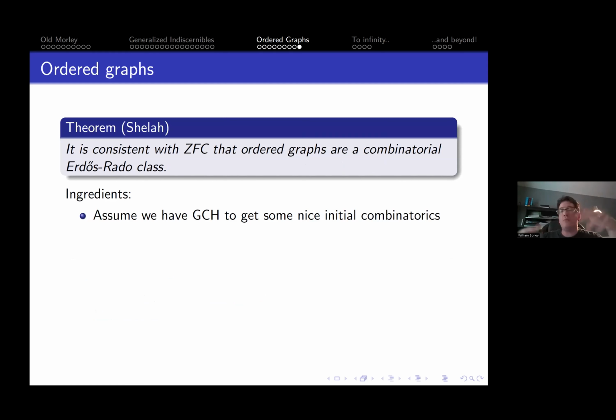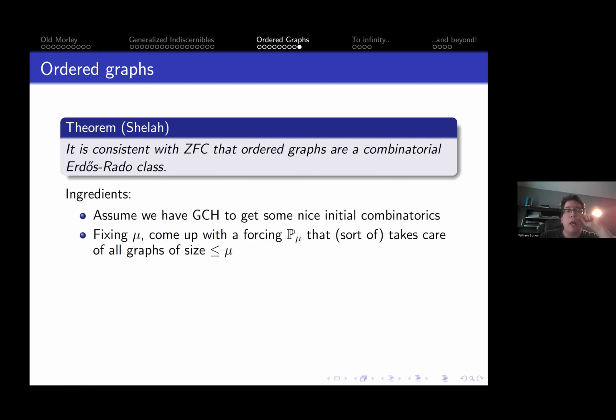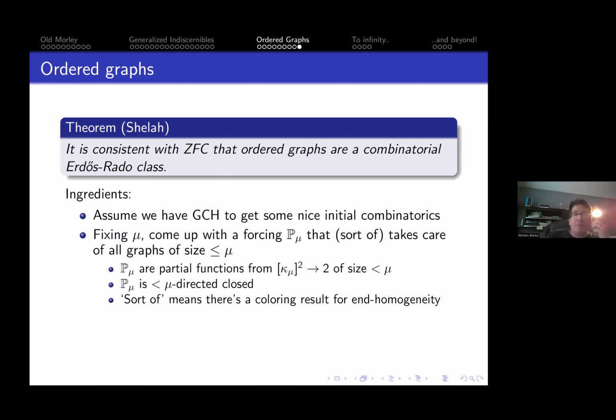So you assume you have GCH for some nice initial combinatorics. Fixing some mu, you come up with this forcing P mu, because you want some global coloring result. So you force with P mu to take care of all graphs of size less than or equal to mu. These P mu's are very simple.